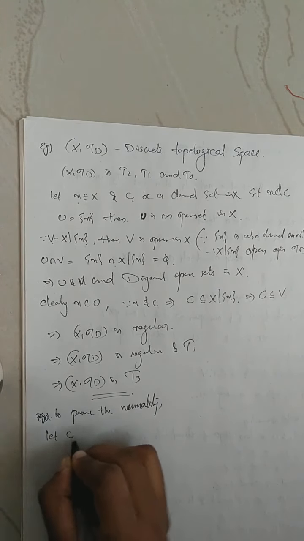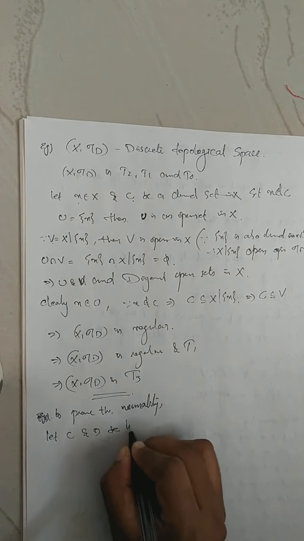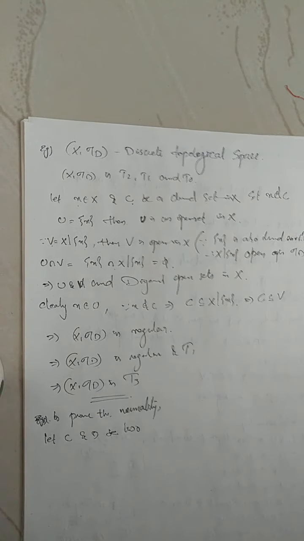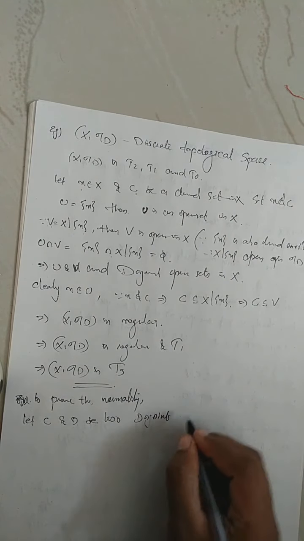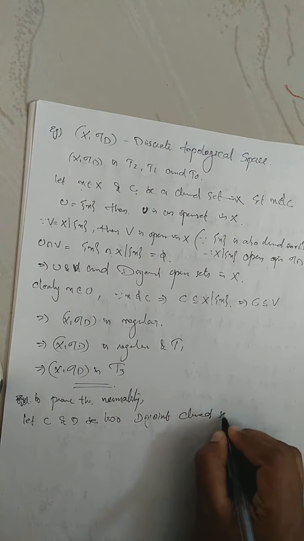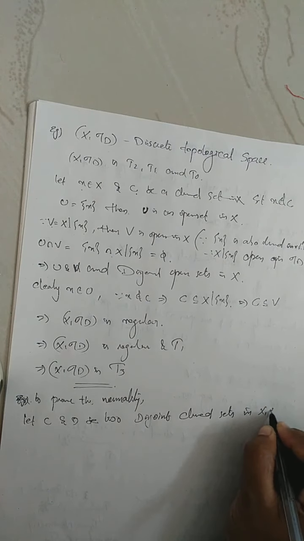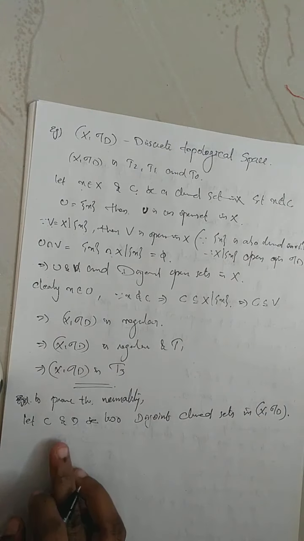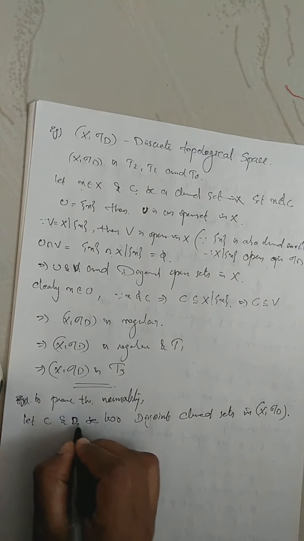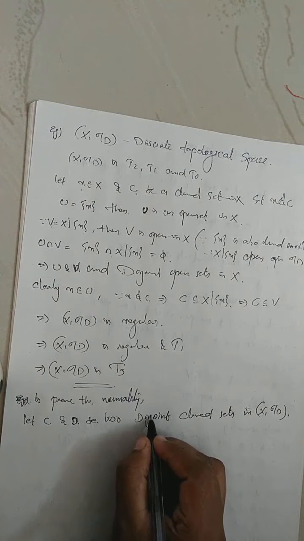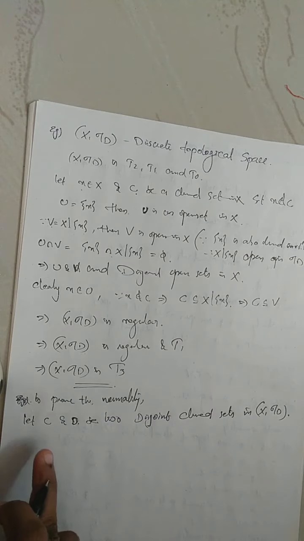So let C and D be two disjoint closed sets in X. Then we want two disjoint open sets containing C and D separately. How will you choose U and V?